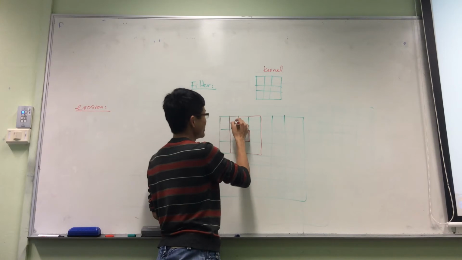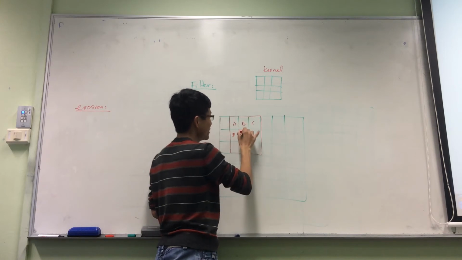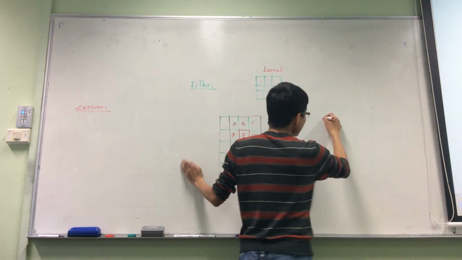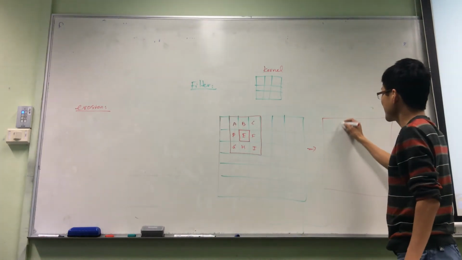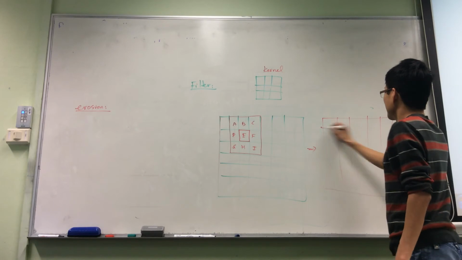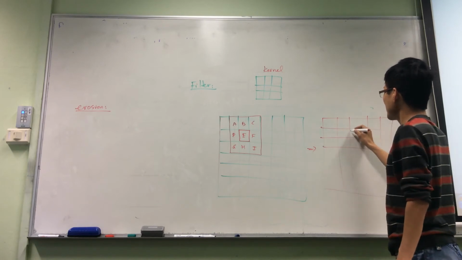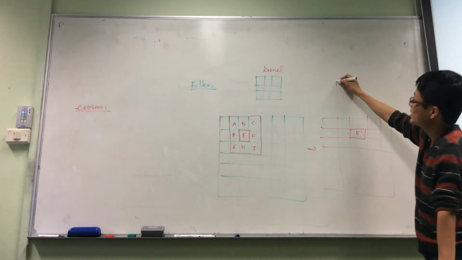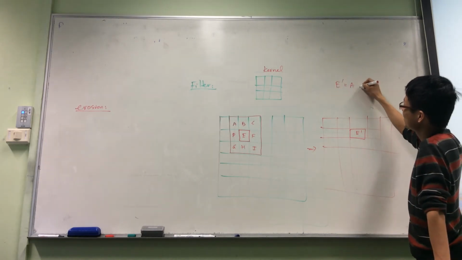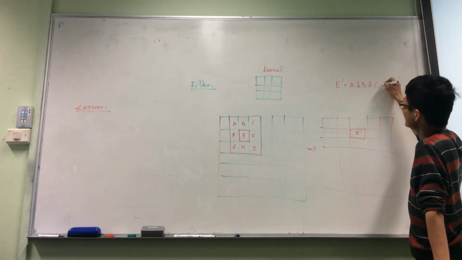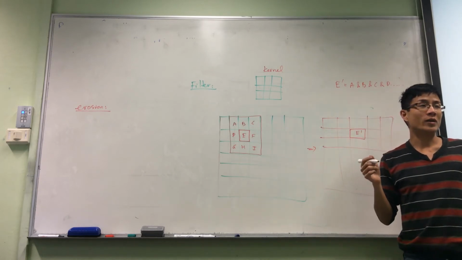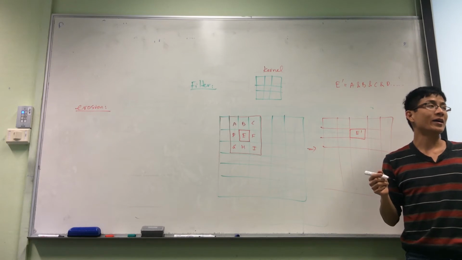Let's say the kernel cells are A, B, C, D, E, F, G, H, I. The result for the pixel we choose, let's say E dash, will be A AND B AND C AND D AND E AND F AND G AND H AND I, all 9 of them ANDed together.